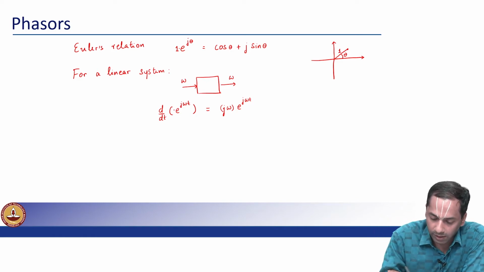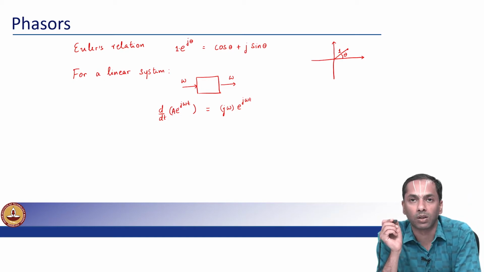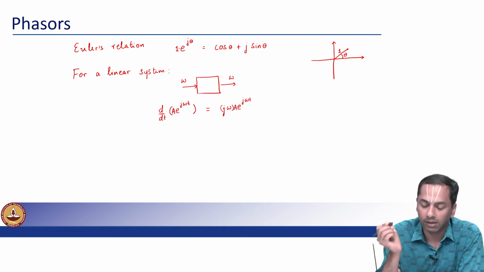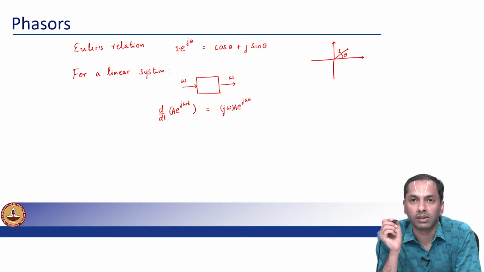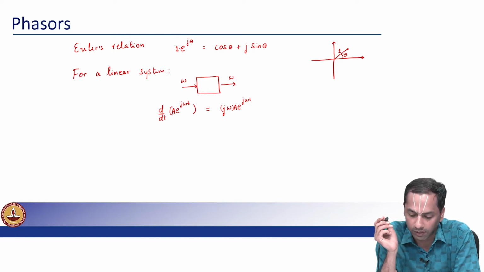Of course, I can even have some constant in front of this e to the j omega t, in which case I would just have that. So now the derivative is actually yielding the same function on which it is operating, and it's only multiplied by a scalar in front.